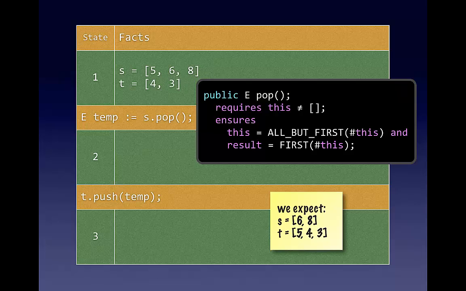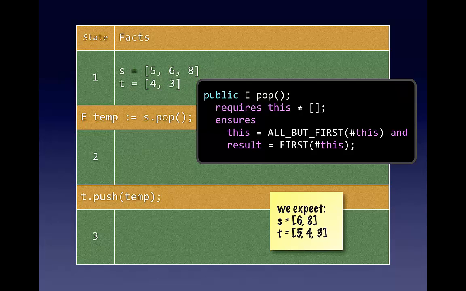That hash symbol in front of this can be read as the old value of this, meaning the value of this before the call. It's there because we want the postcondition to indicate how the state of the program changes as a result of calling the operation.